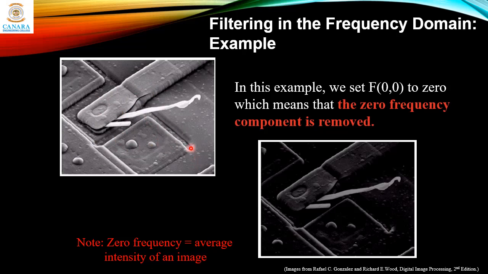If you remove the zero frequency component, you are getting rid of all the plain areas. Where there is no fluctuation in intensity between neighboring pixels, that area will be turned into black, meaning we are removing it. This will be the result of setting the zero frequency component to 0. We can say we are removing the DC component from the image.